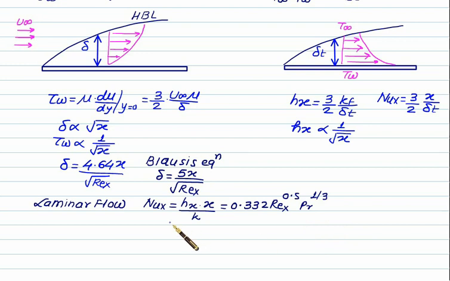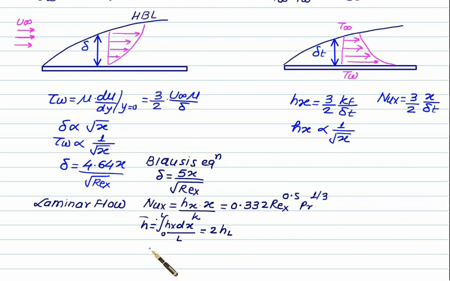Here, in the case of laminar flow, the average heat transfer coefficient h bar, which is given as the integral of hx dx over the length 0 to L divided by the integral of dx from 0 to L, is equal to 2 times the local heat transfer coefficient, calculated on the basis of the total length.